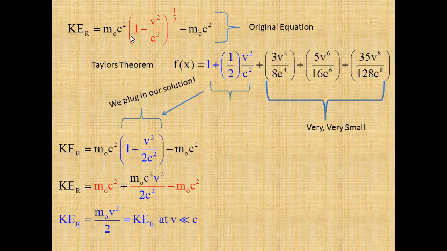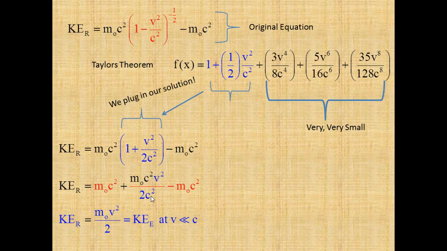Now, we're multiplying through by m naught c squared, and m naught c squared times 1 is m naught c squared. M naught c squared times v squared over 2c squared is m naught c squared v squared divided by 2c squared, okay, minus m naught c squared. Well, m naught c squared minus m naught c squared equals 0, okay? And that leaves us with m naught c squared times v squared divided by 2c squared.